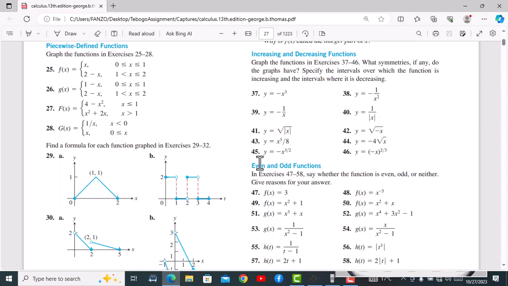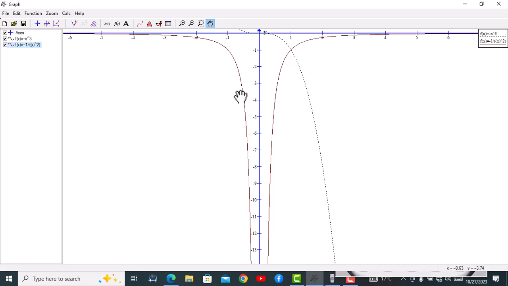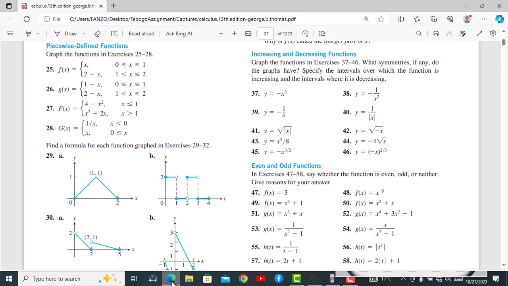Now the question said what symmetry, are there any symmetries, if any? So let us check. So here we are, and we have this function, right? What is it that we learned in the parabola?